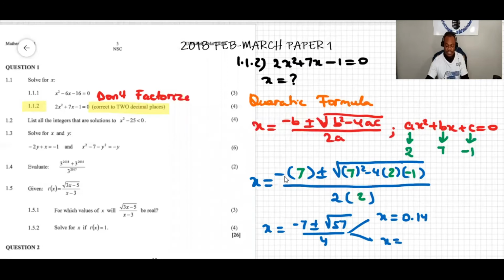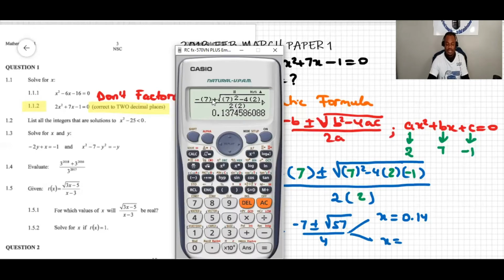Now we're going to change. This time we're going to put a negative here. With the negative, if we press equal and press SD, we look at the third decimal place, which is 7.